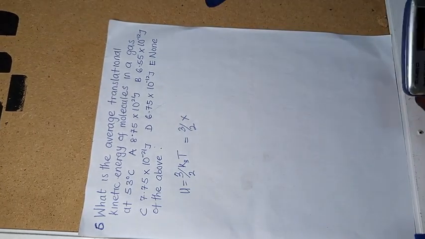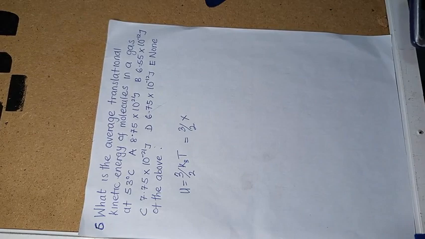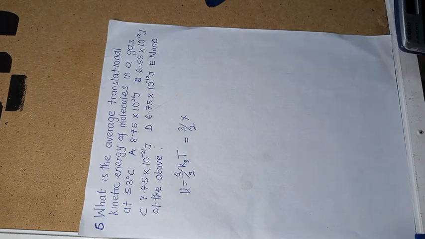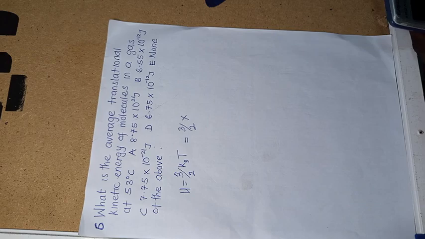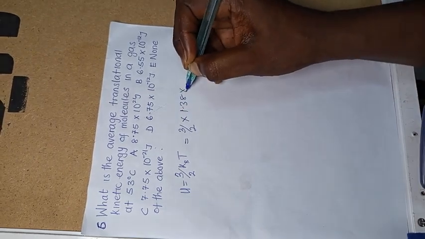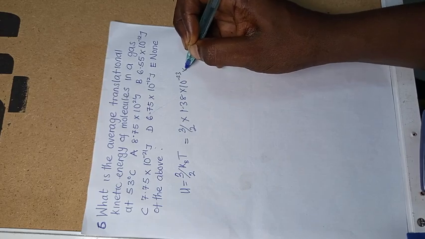What is the value of kB? Because they did not give us. Since they are not giving it, kB is 1.38 times 10 to the power minus 23.